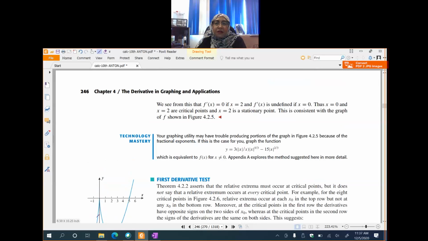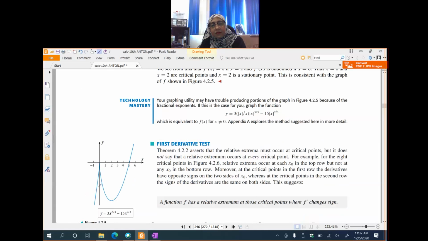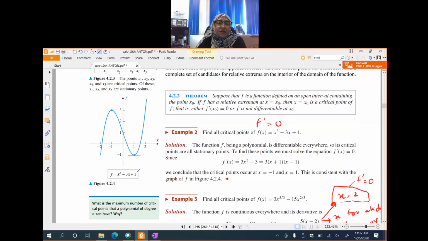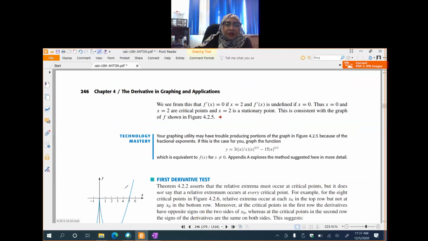Even if you check with the table, sorry, this is also a local maximum, because amongst its neighborhood it is still the maximum.